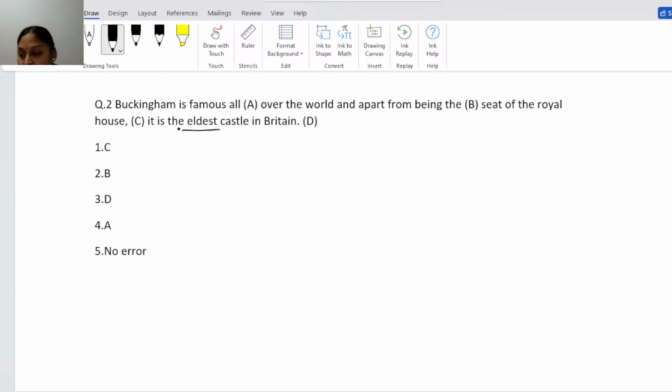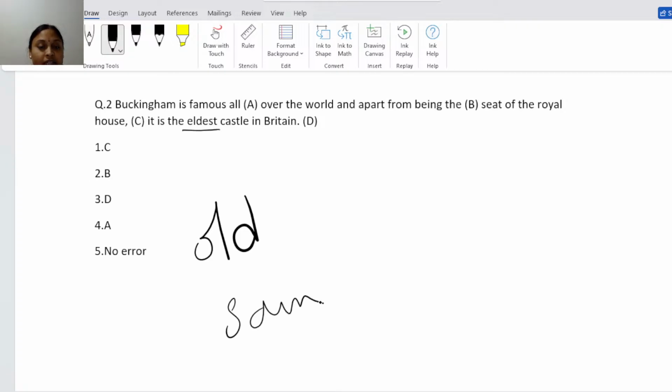Generally, when it comes to adjectives in superlative forms, we have to use old, older and oldest. Elder is generally used for members of the same family.